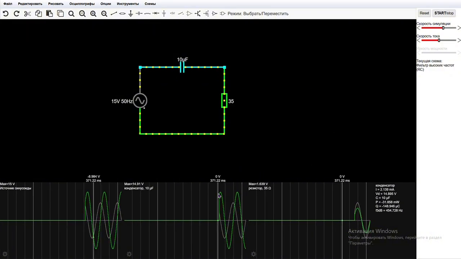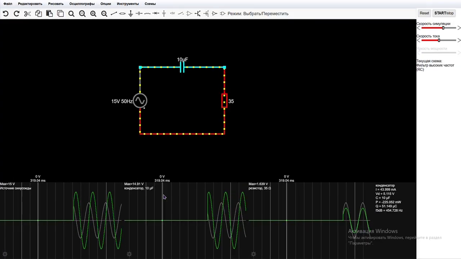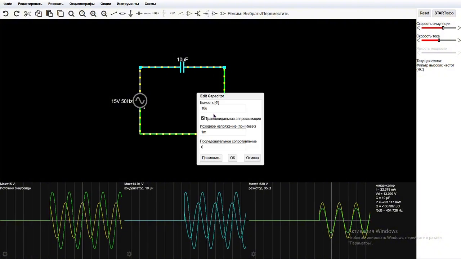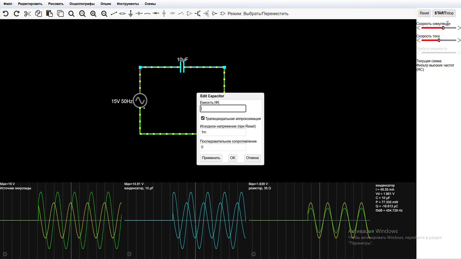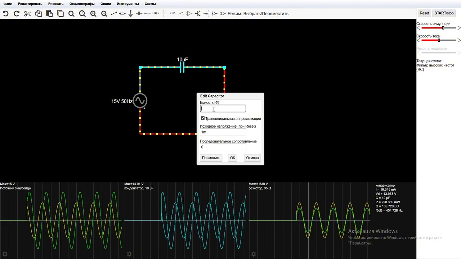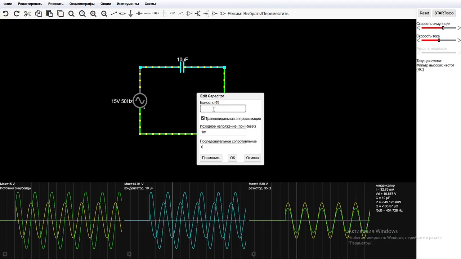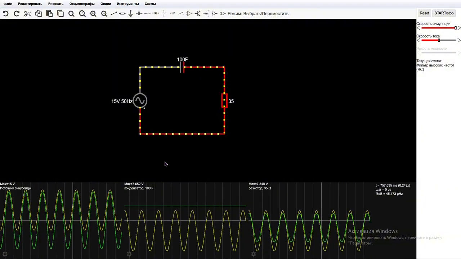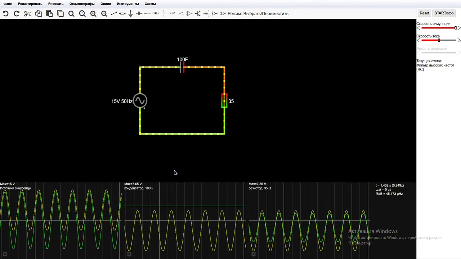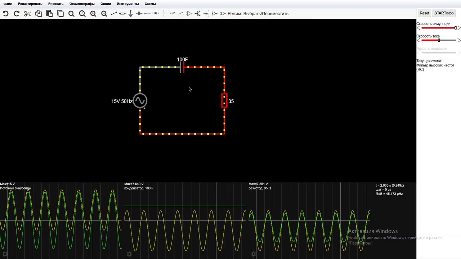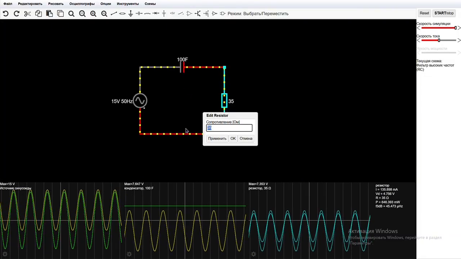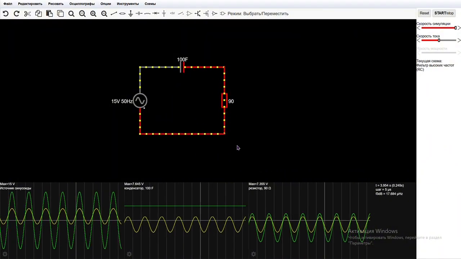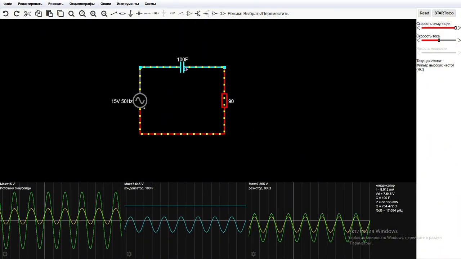So yeah, the capacitor's voltage is 15, it's too much. So let me add some value. Let it be 100. Yeah, it's still, let me add some resistor, like 90. It's still not changing, right?